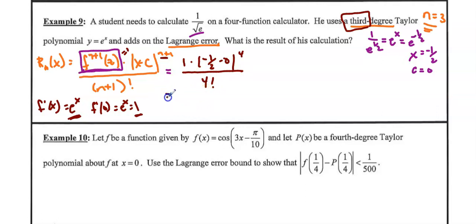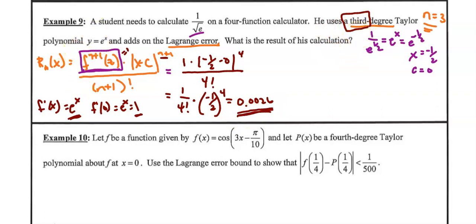So really what I have here is negative 1/2 to the 4th degree over 4 factorial, right? And so we're going to use a calculator to find out that this decimal answer is 0.0026. All right, so this is the error that we were going to get using the third degree polynomial of e to the x.